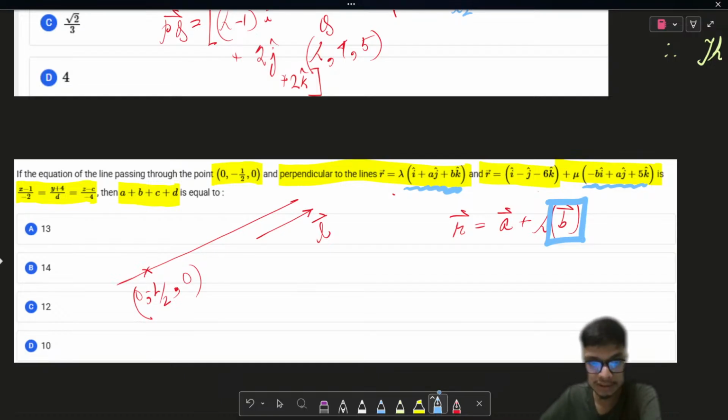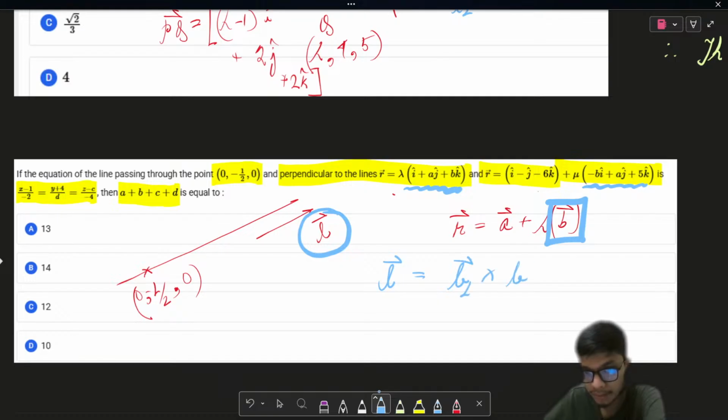In order to find the direction vector of this unknown line, I can easily do the cross product, right? So this L vector will be simply given as B1 vector cross B2 vector, where B1 vector is the vector along line 1 and B2 vector is along another line.